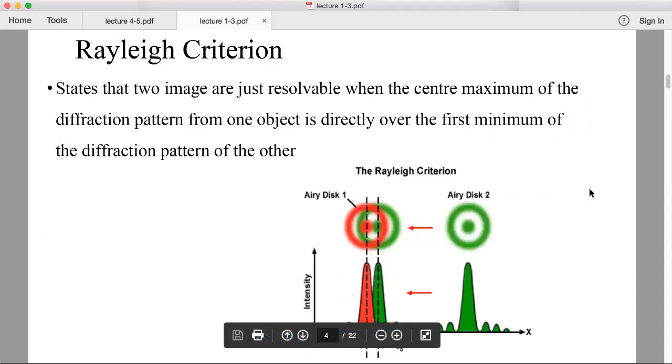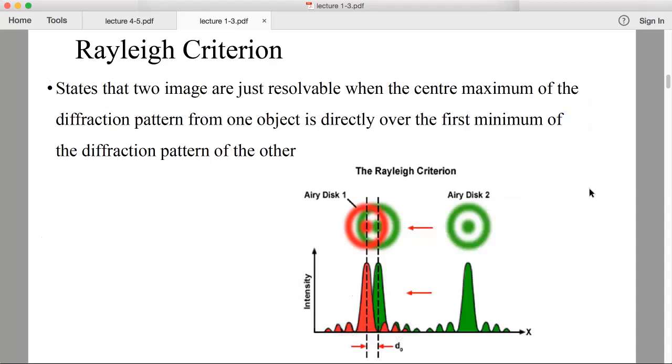The other most important thing is the Rayleigh criterion. Now, why do we want to use an optical or an electron microscope? To view a sample. Optical microscopes, after a certain size, you cannot use, because due to the diffraction limit you won't be able to see smaller particles, particles mostly smaller than 200 nanometers.